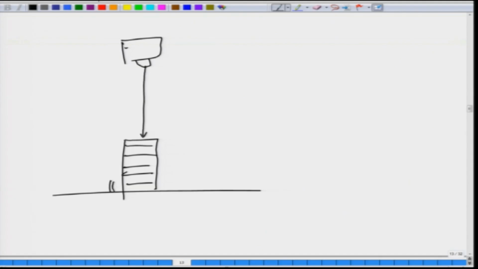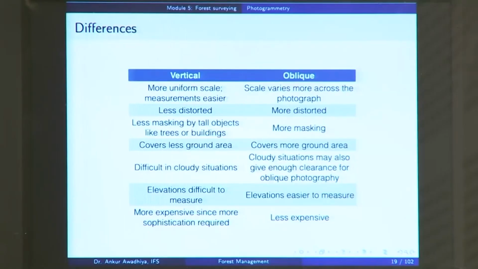You are even able to see the trees that are here. But if you are taking it at an oblique angle, the tree that is behind this building will never be seen, because it has been masked by the building. The building is occluding this tree. So, this masking or occlusion is more if you are making use of an oblique photograph.